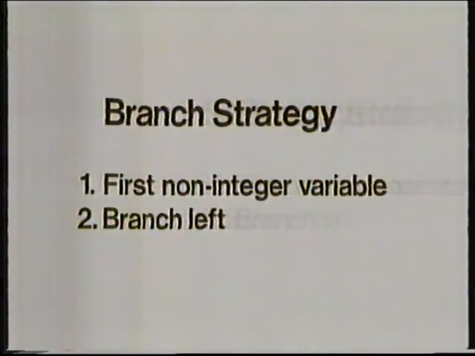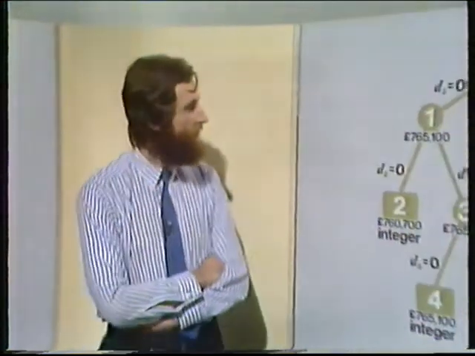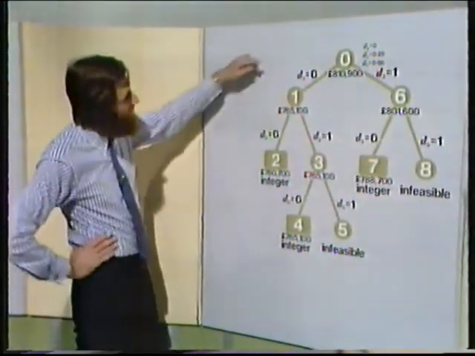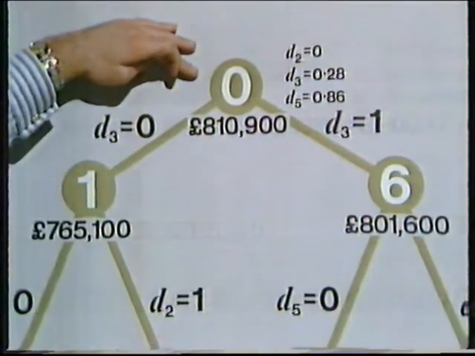Just for the sake of a demonstration, I used the same naive branching strategy as before. That is, I branched on the first non-integer variable, and I always branched to the left, the less than or equal to constraint first. Using this branching strategy and proceeding exactly as before, I ended up with the tree you can see here. I started off with the overall continuous problem.